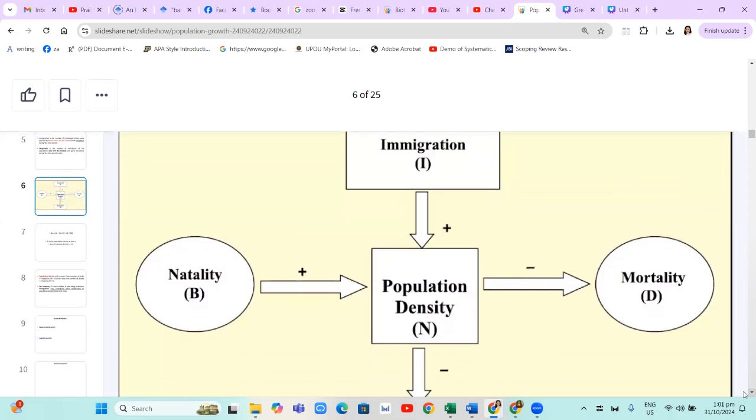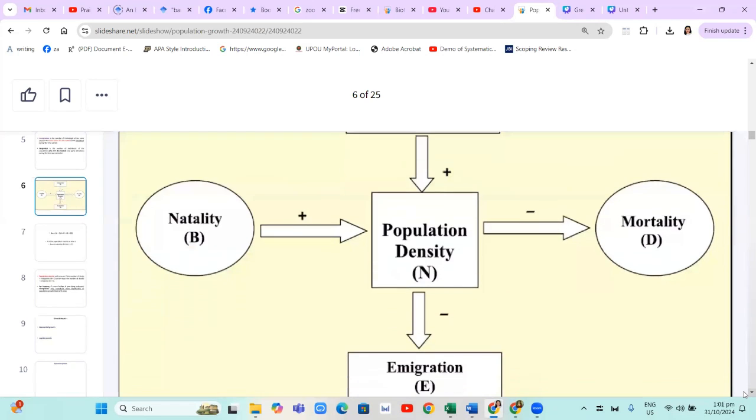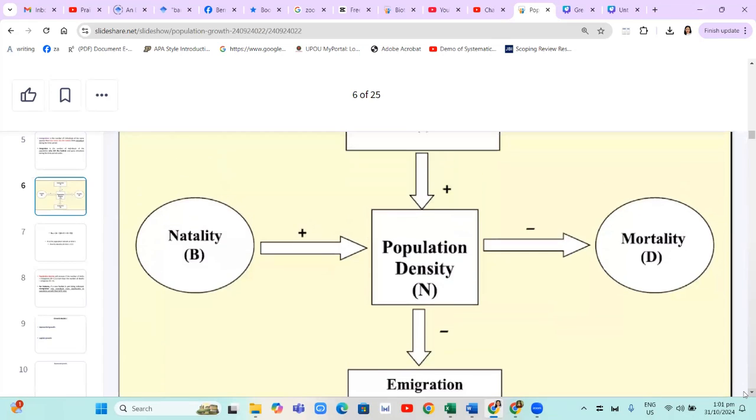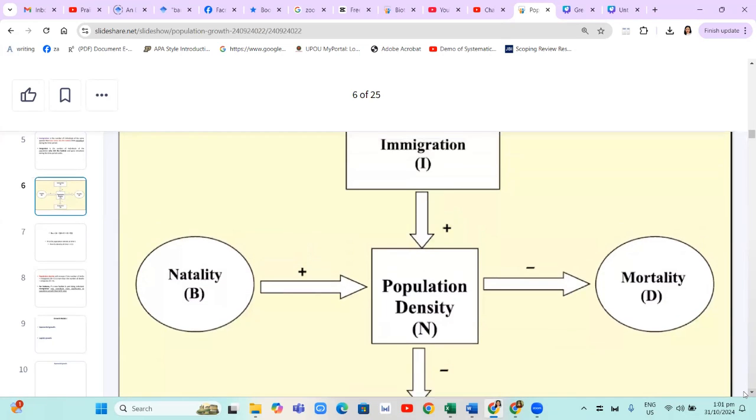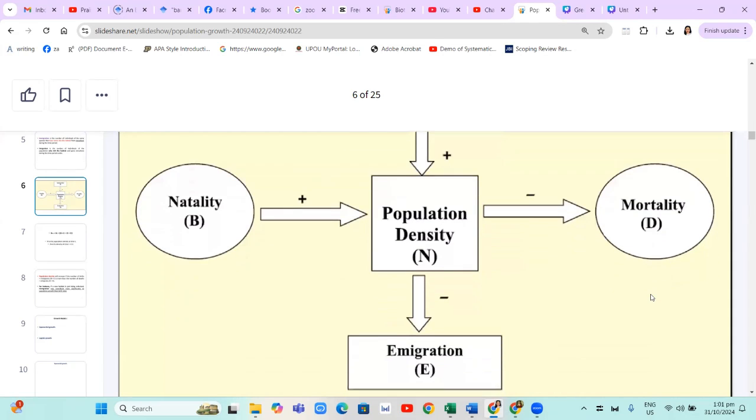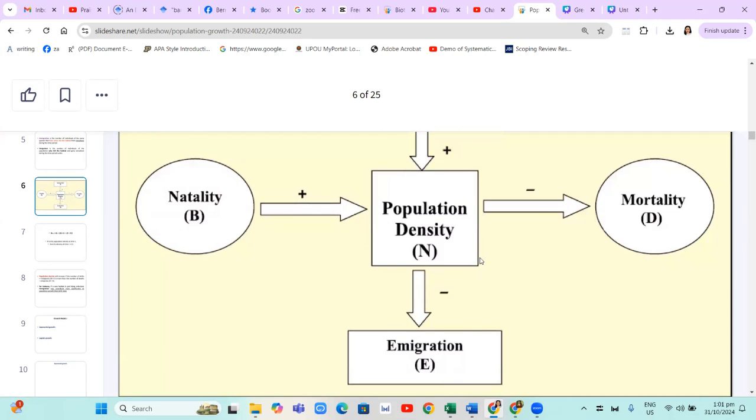Using this diagram, we can show how immigration, natality, mortality, and emigration affect the population density. Immigration and natality add to population density, while mortality and emigration lessen the population density.